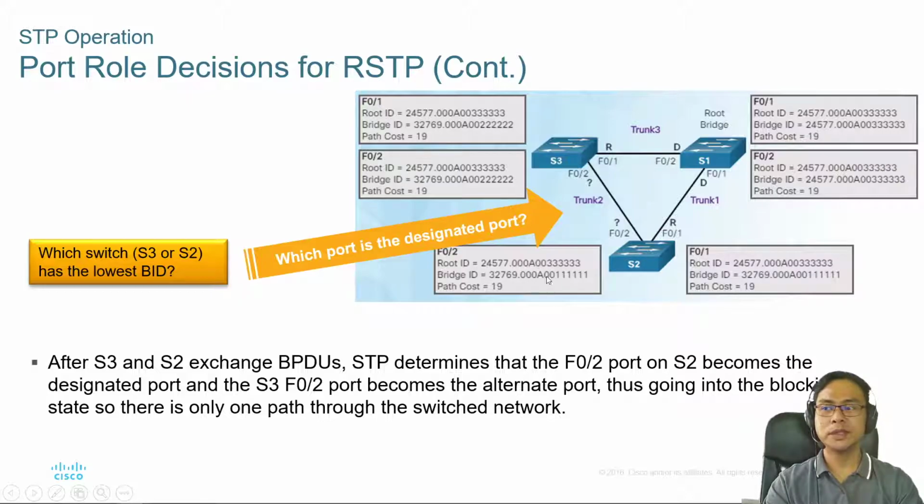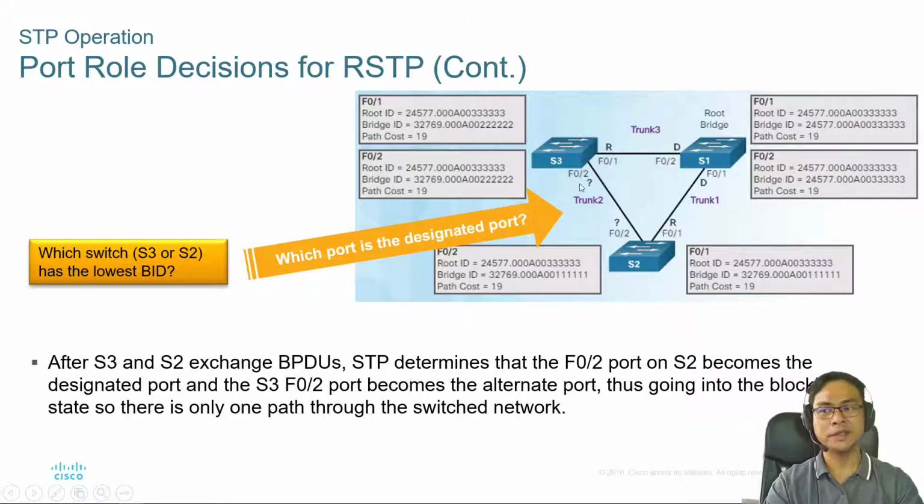Now, the F02 here, on the other hand, has the same 32769, but it's only 11111. Okay? So, who's the lowest? This is the lowest. So this one will win, and it will become the designated port. So F02 of S2 will become the designated port.